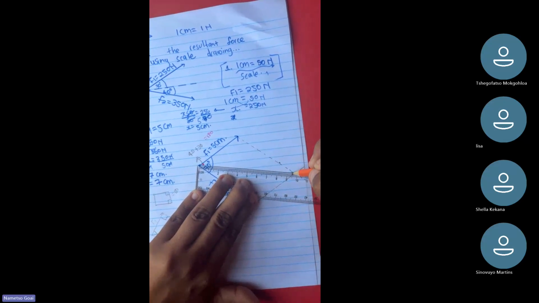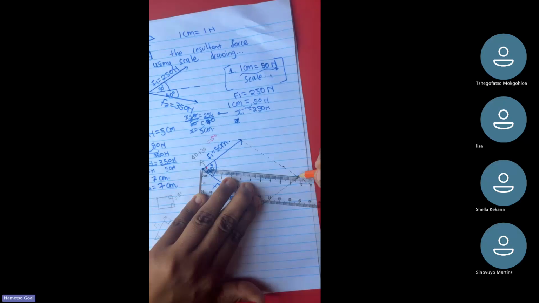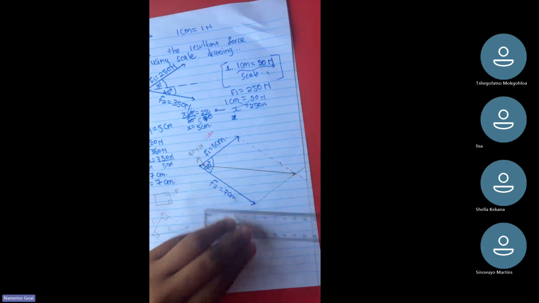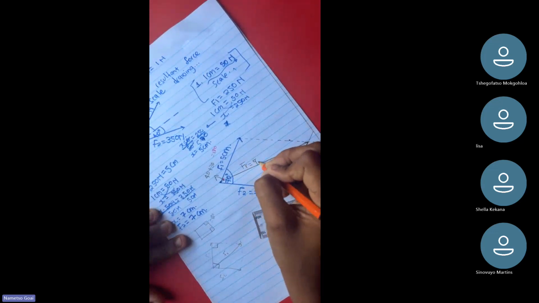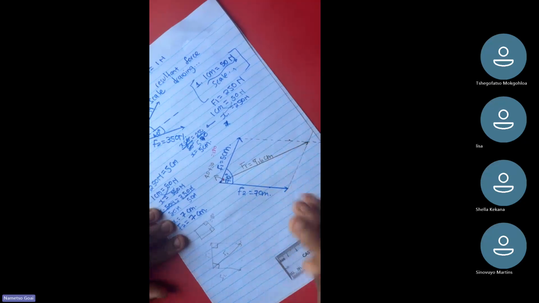It's giving me 9.56. Let's say 9.6. So our resultant FR equals 9.6 centimeters.